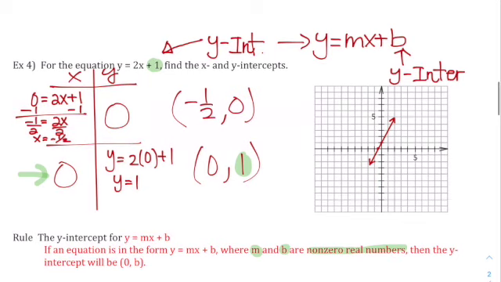Let me spell that out. Okay, that's the y-intercept in y equals mx plus b, and your b is the y-intercept. I know I'm saying it so many times, but I just hope you don't forget it. But it only can happen if it's y equals a number times x plus another number. M and b could be the same number, but it has to be a number.